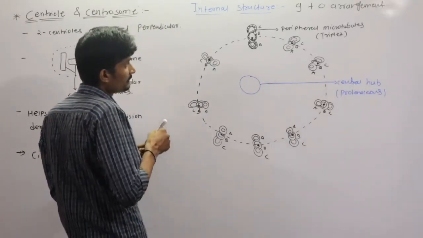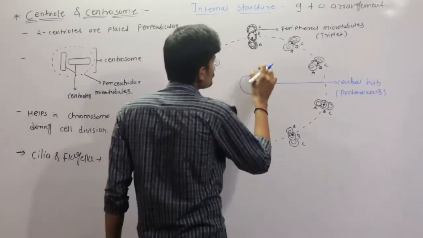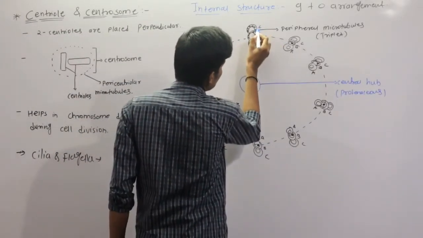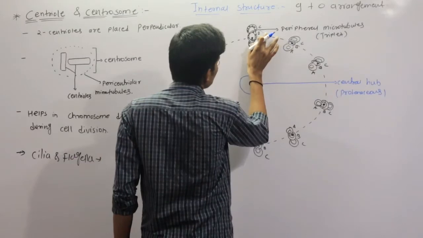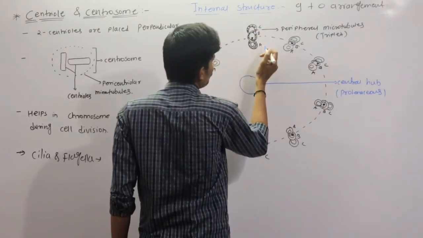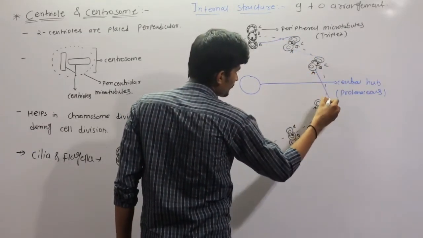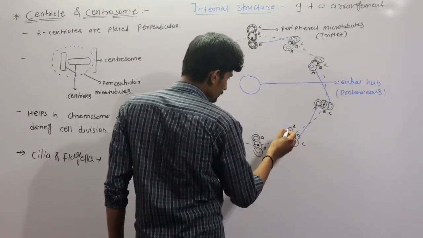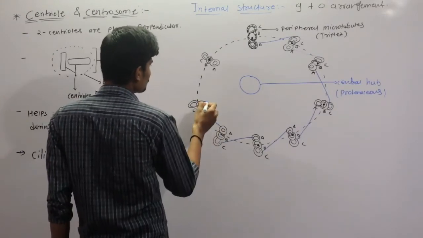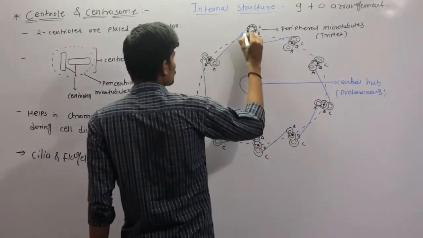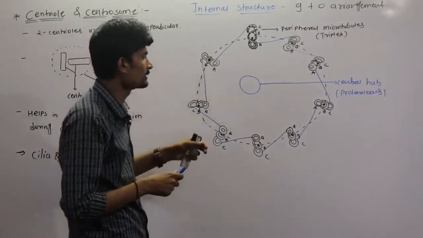Now another thing is that you know that in the cilia and flagella there is an AB linker. So here it is an AC linker, not an AB linker. So AC. Okay, not C to A. We have to draw from A to C. So A to C, then this A to C, this A to C, and so on, then again this A to the next C. So there are these total AC linkers.